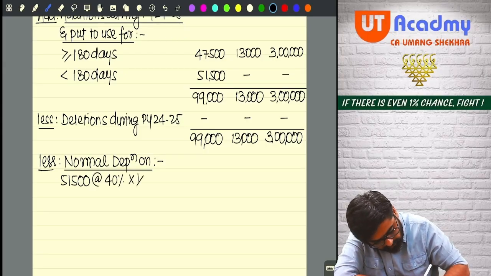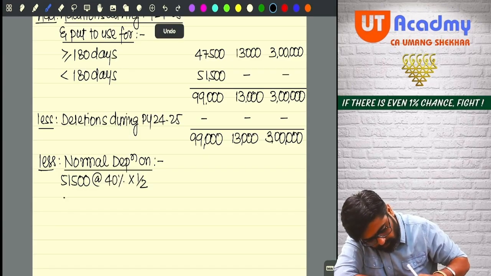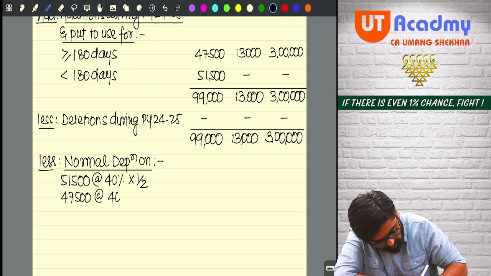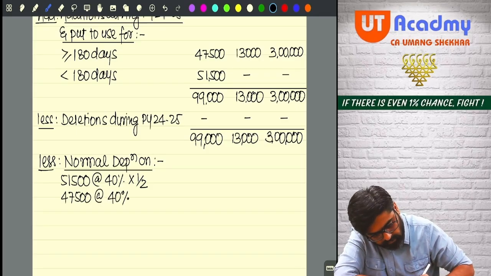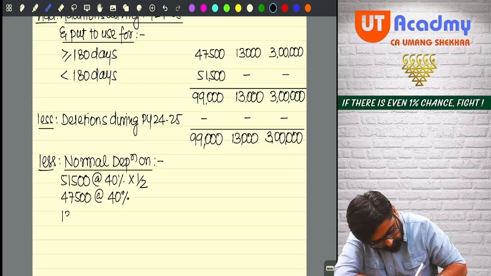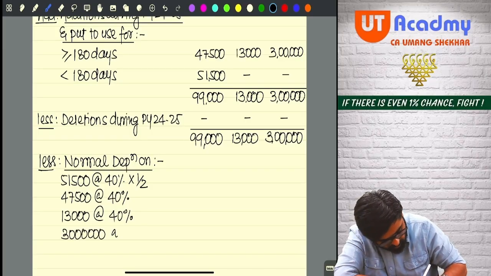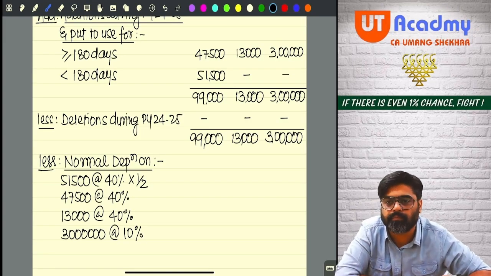And on the balance 47,500 I will calculate at the full 40%. On 13,000 books, I will calculate full 40%. On 3 lakh of furniture, I will calculate full 10%. Done, no sir? That's it.